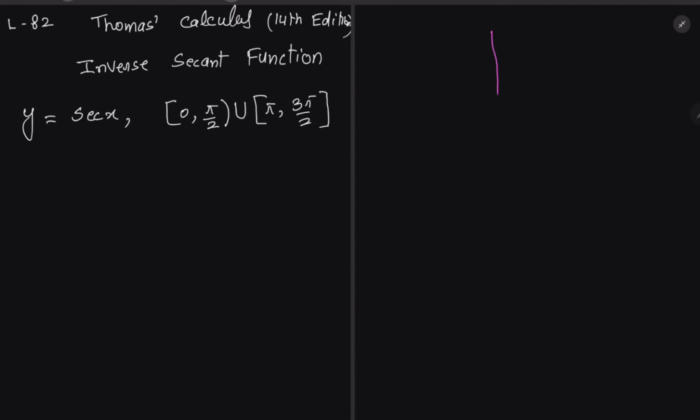Suppose we have x and y axes, and we have 0, pi by 2, and pi. And on the negative x-axis, we have 0, minus pi by 2, and minus pi.